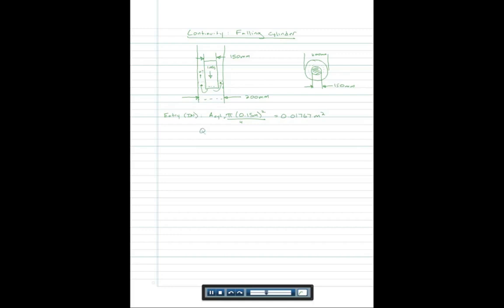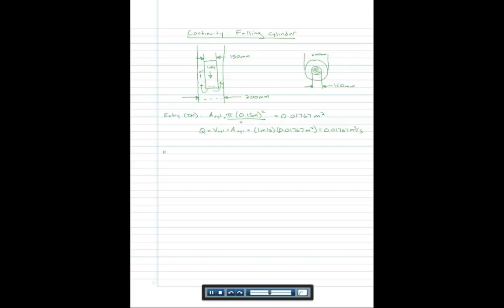Q, now again, it seems strange to be speaking about the flow rate of a solid object, but if we consider the velocity of the cylinder falling downward and the area of the cylinder, what that's going to allow us to know is the flow rate of the cylinder into the control volume, or how many cubic meters per second of the cylinder is entering the control volume. 1 meter per second is the rate that the cylinder falls, and we've previously calculated the area of the cylinder. And so it's entering the control volume at that rate.